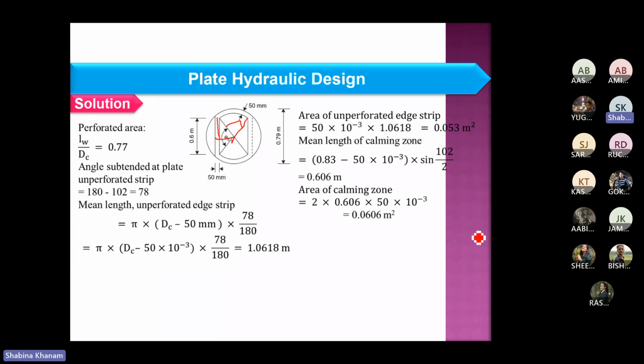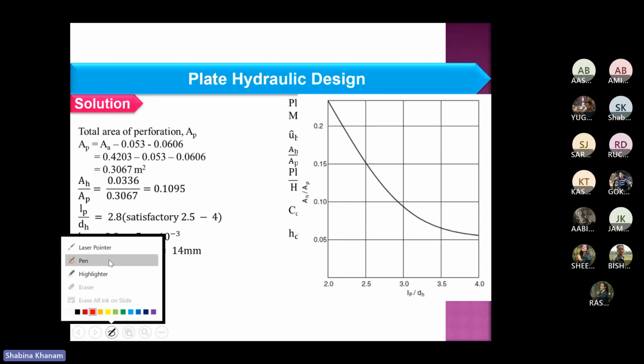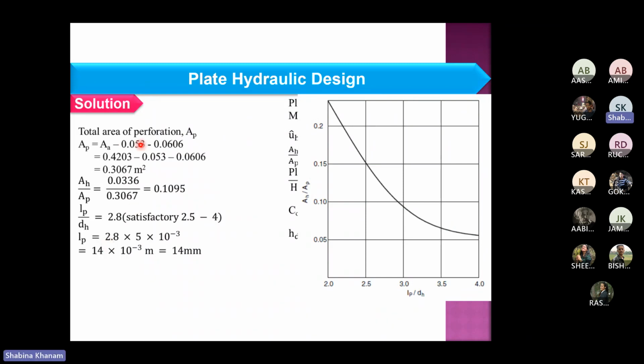In this way you can find out the calming zone area, and once you have done that, you can find out perforated area, that is active area minus the area of calming zone and unperforated strip. AH by AP you can calculate as 0.1095, and LP by DH you can find as 2.8, and that should be between 2.5 to 4.